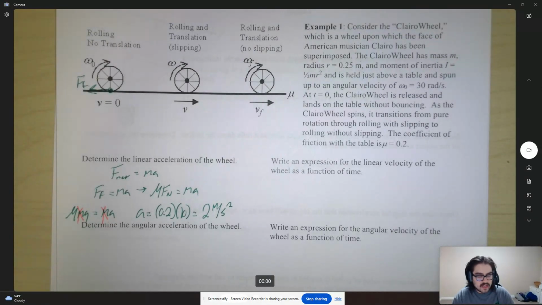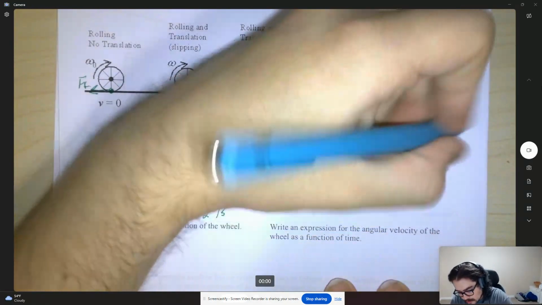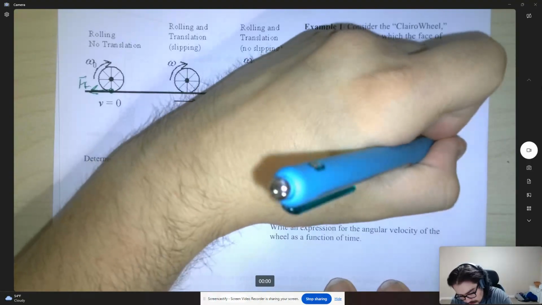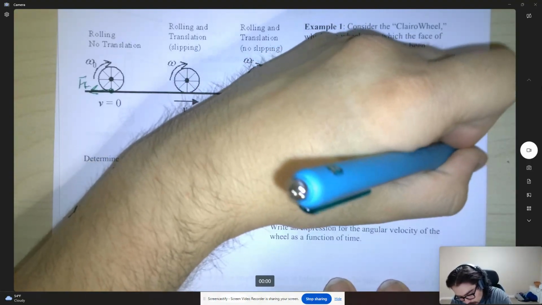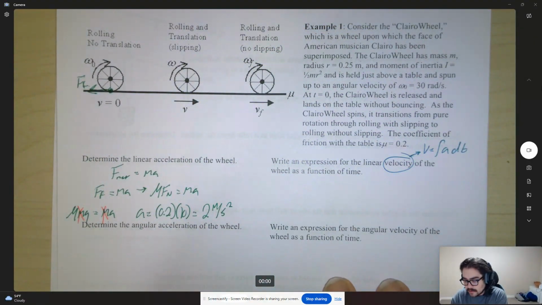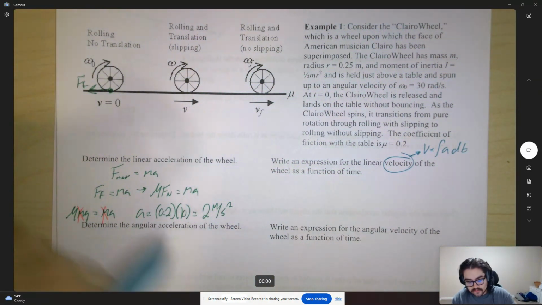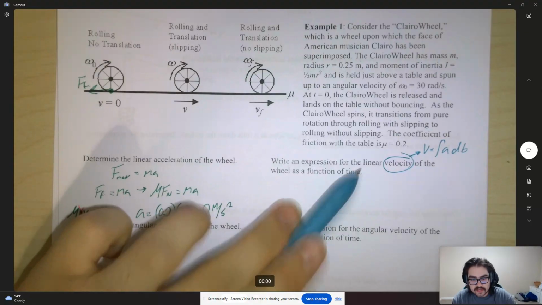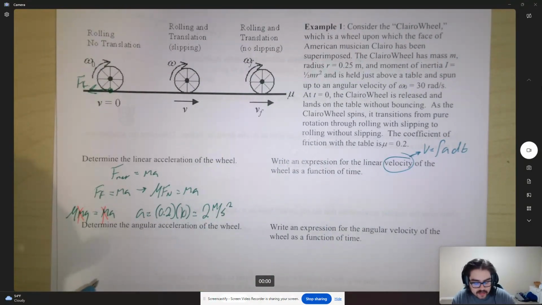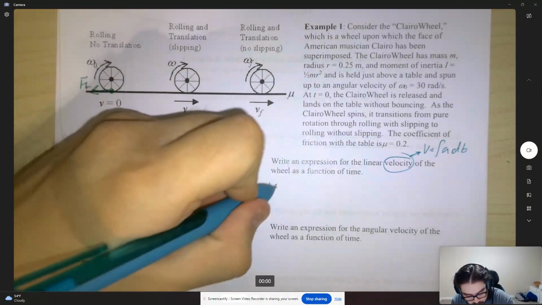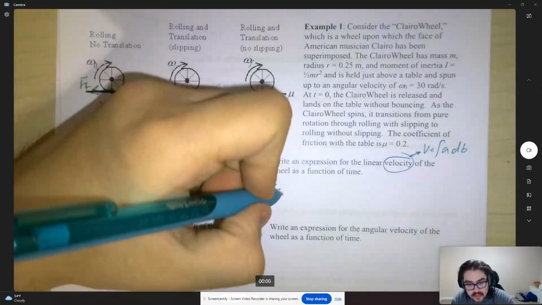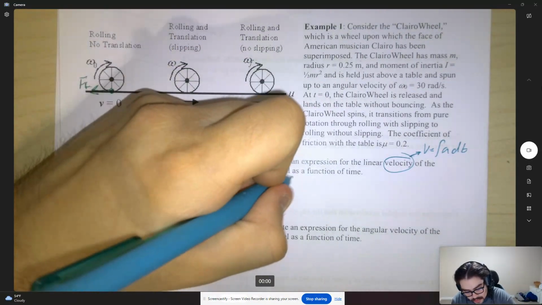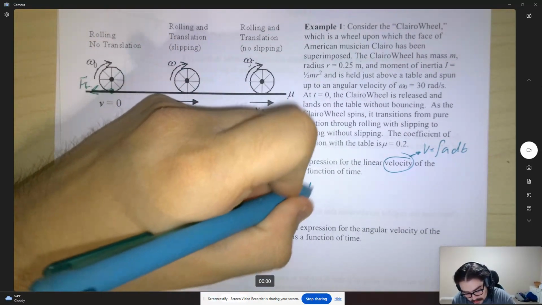To get the linear velocity, I know that velocity is the integral of acceleration with respect to time. Now hang on because this is going to get really difficult here. Don't freak out. In order to find an expression for the velocity, I have to take my acceleration and integrate it. This is the part where things get kind of scary. So just hang tight. The velocity is equal to the integral of 2 dt.